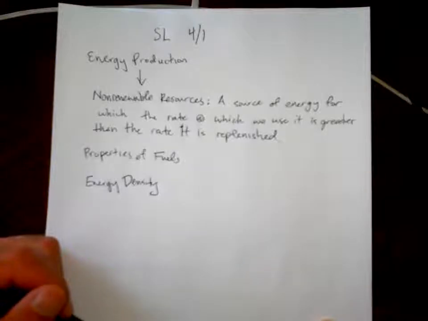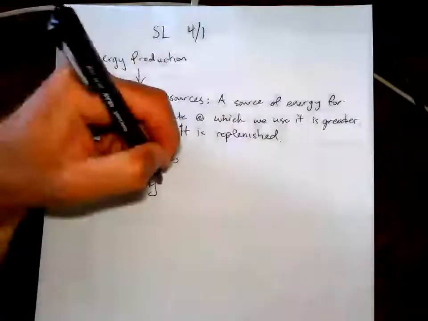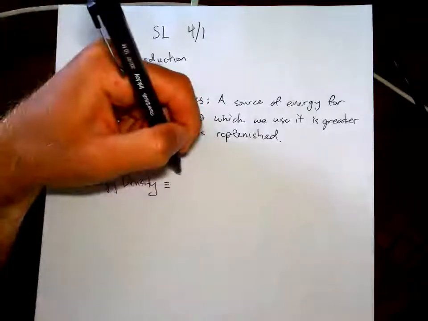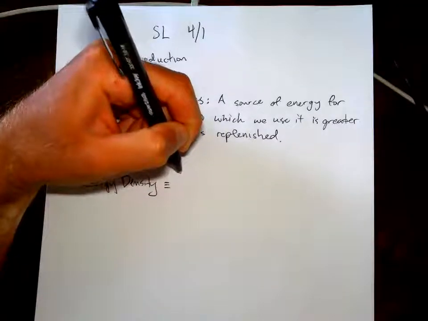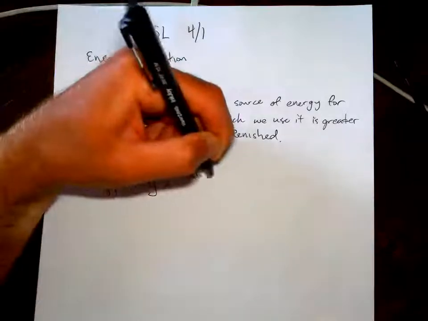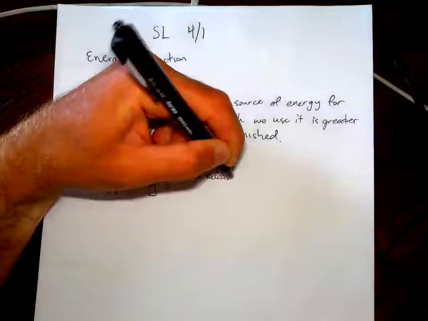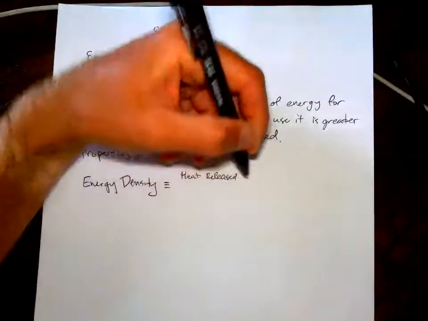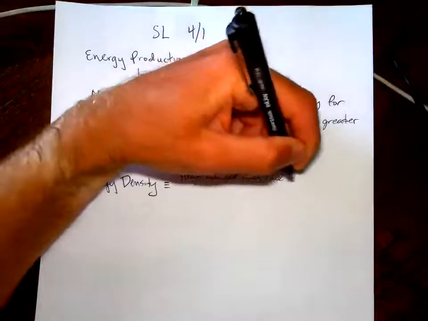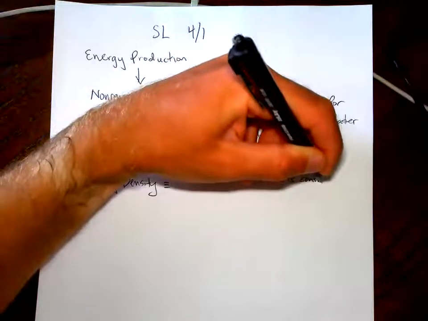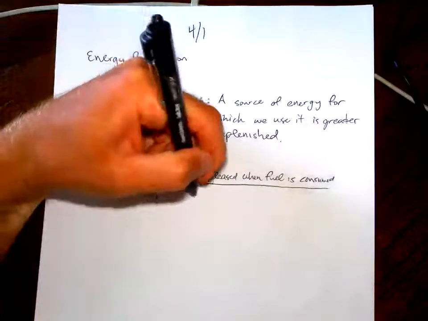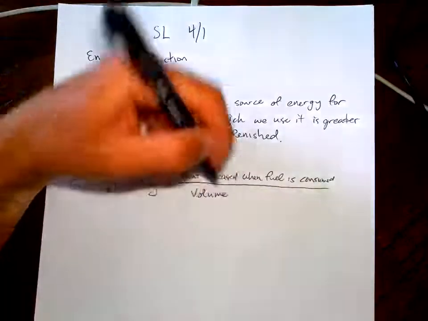Energy density is defined as the heat released when the fuel is consumed divided by the volume of fuel consumed.